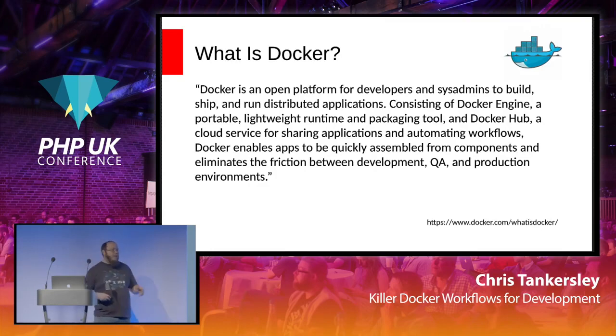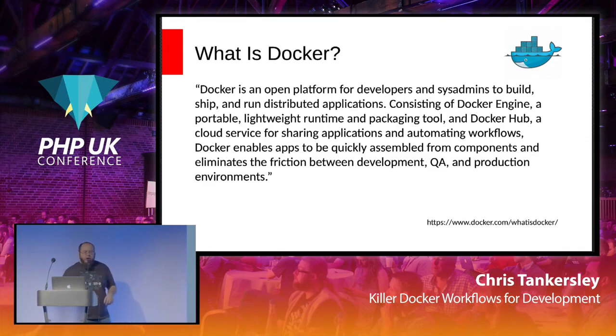And Vagrant promised kind of that same setup to get rid of the it works on my machine problem, but very few places actually followed through on it, as they generally didn't use the same Puppet or Ansible configs in Vagrant that they actually used in production, if they used any at all.